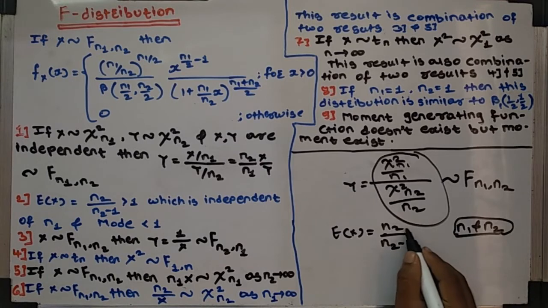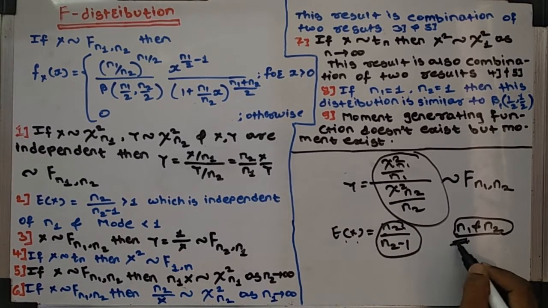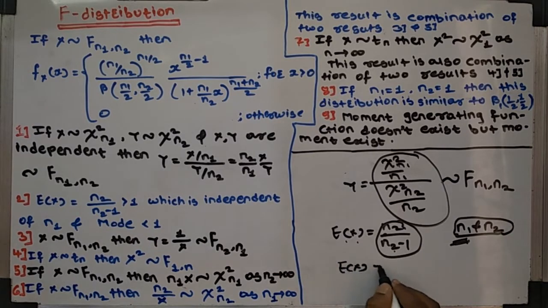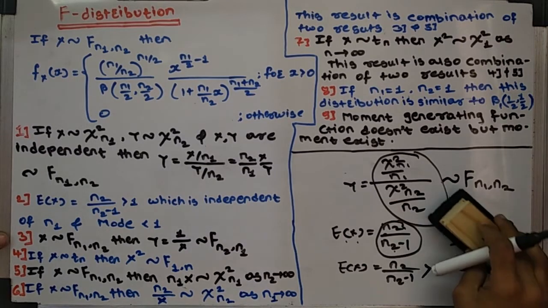Only n2 is present in the expectation of X, n1 is not present, therefore expectation of X depends only on n2, not on n1. Also, expectation of X is greater than 1 and the mode is less than 1 for this F distribution with n1, n2 degrees of freedom.